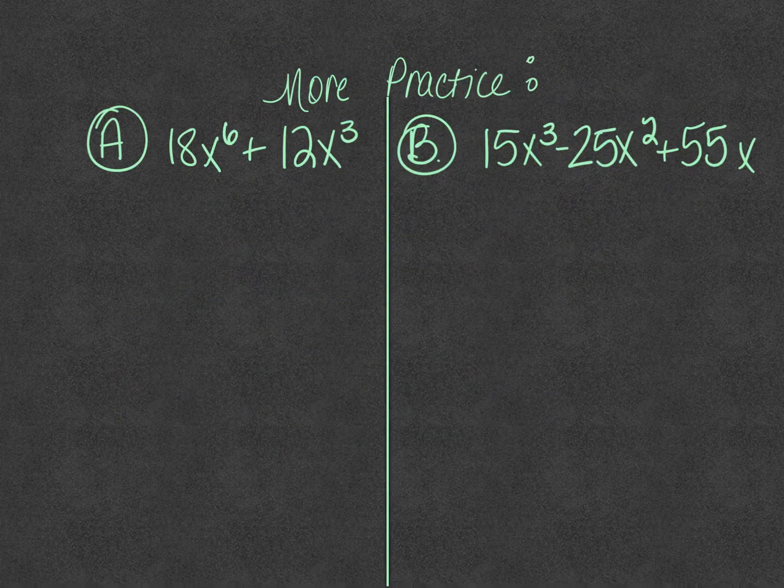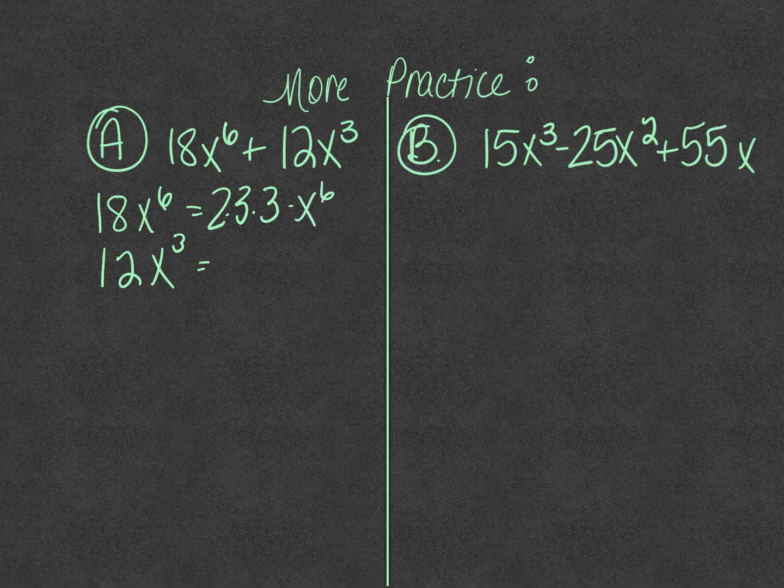Let's do a couple more here, and then I'm going to let you loose on your assignment. Okay, these are not in your book, so we're going to work on these together. So first of all, I'm going to do my greatest common factor. Okay, so the prime factors of 18 are 2 times 3 times 3, x to the 6th. 12 are 2 times 2 times 3, x to the 3rd.